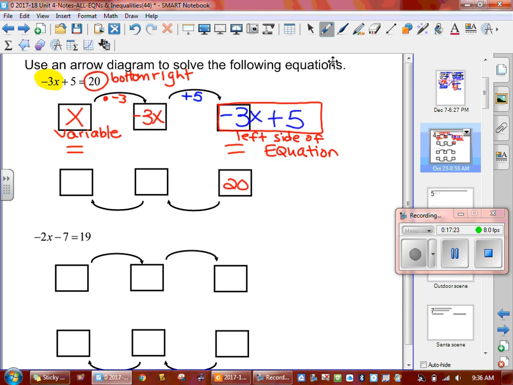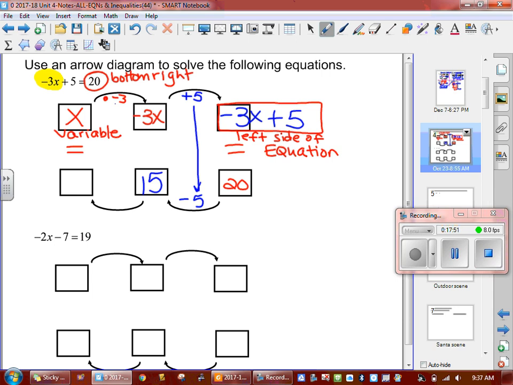So what we do on the bottom, we're going to take a look down here, and we're going to do exactly the opposite. So what is the opposite of adding 5? Subtracting 5. Good. So now we're going to take 20, and we're going to subtract the 5. We're going to get 15. Okay? Now we're going to do the opposite of what's on the other arrow. What's the opposite of timesing by negative 3?